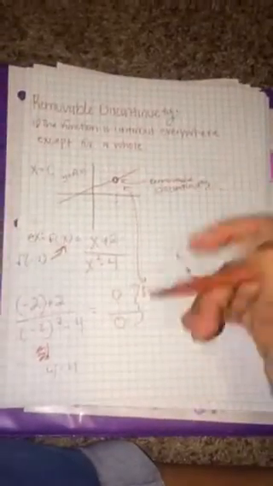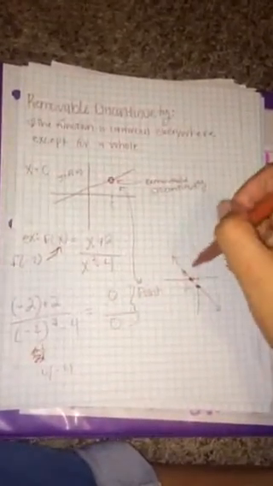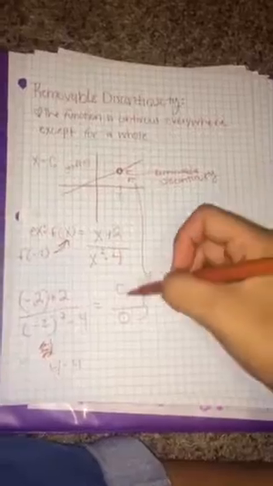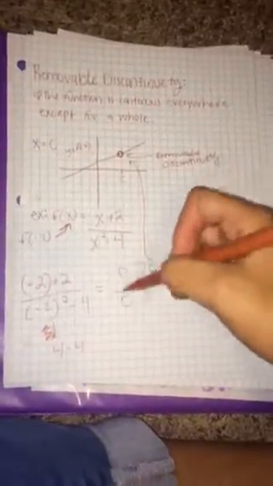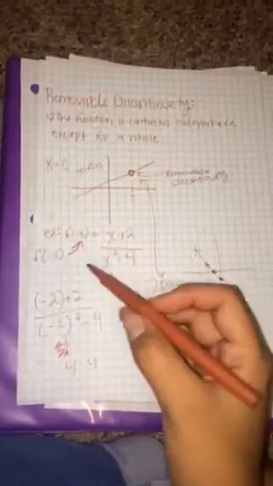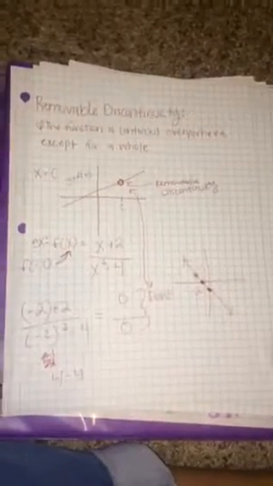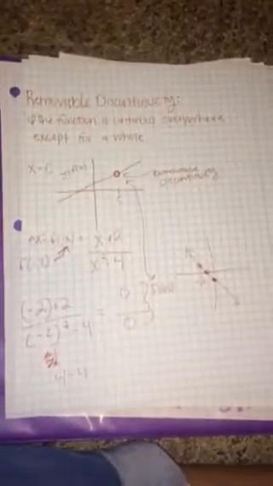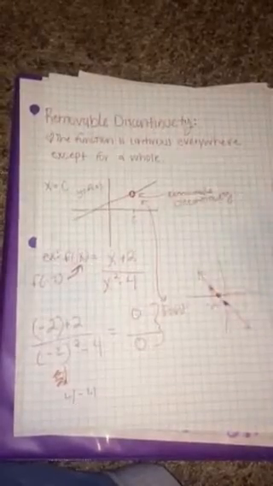Negative 2. So when it's 0 over 0, it has a point discontinuity. When you get 0 over 0, they both have to be equal in order to have a removable discontinuity. They both have to be 0. So you just plug in the x that you are given to find if it has a removable discontinuity or not, as in this example.